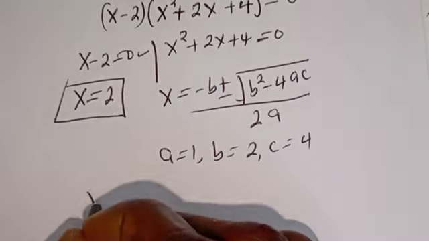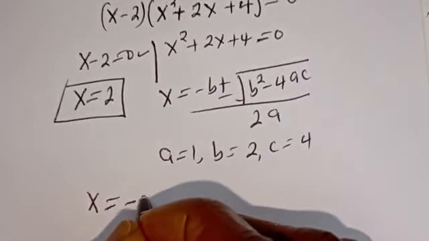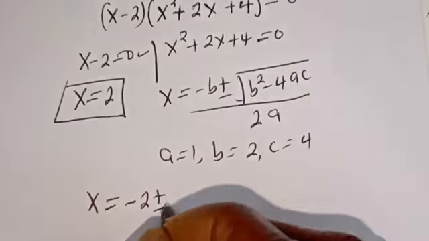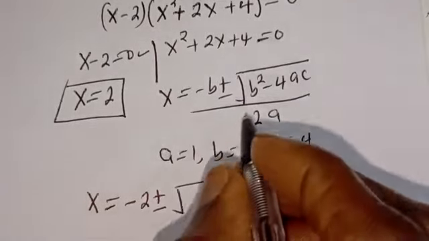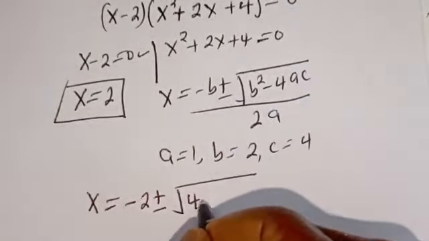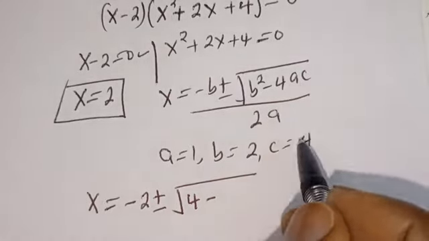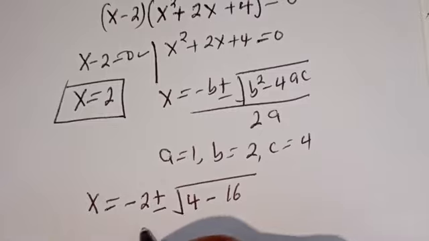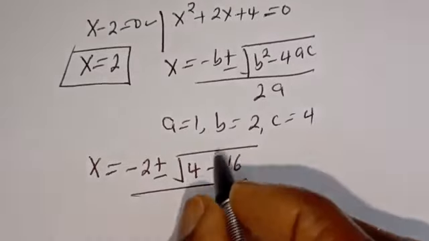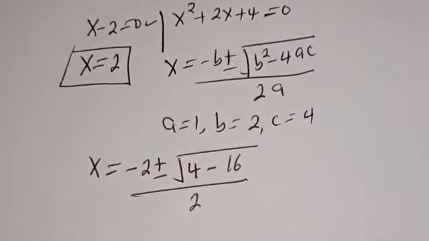Now s is equal to minus 2 plus or minus square root of b squared, that is 2 squared. We have 4 minus 4 multiplied by a, that is 1, multiplied by c, 4, that is 16, divided by 2 multiplied by 1, 2.